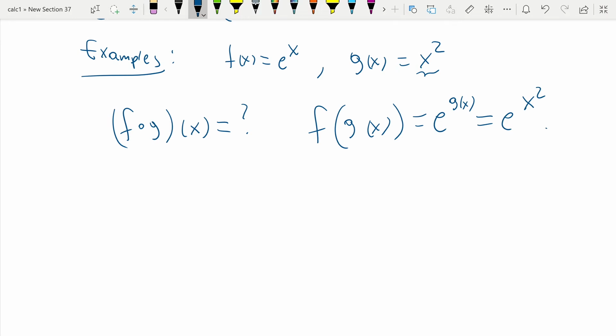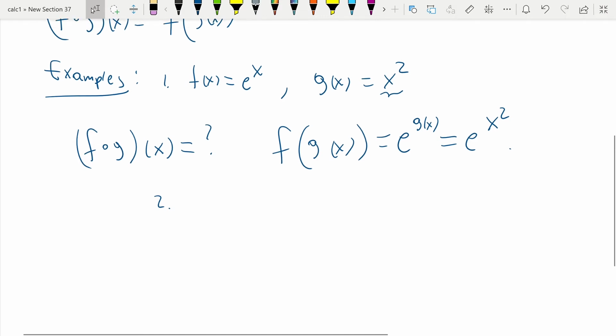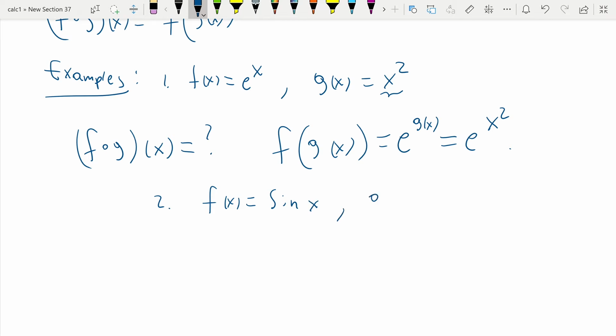So this gives us example 1. Example 2: what about f of x equals sine of x and g of x equals square root of x squared plus 1?